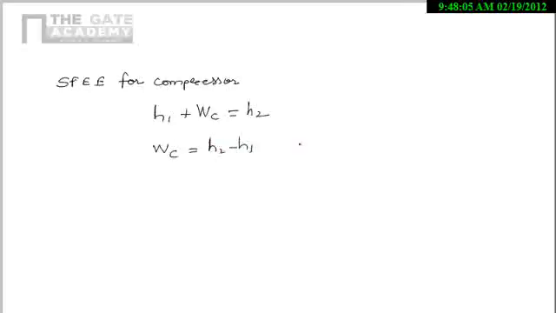Now I will write the steady flow energy equation for all components. Let's start with compressor. So here we will get H1 plus WC equals H2. So WC is nothing but H2 minus H1 in terms of kilojoule per kg.